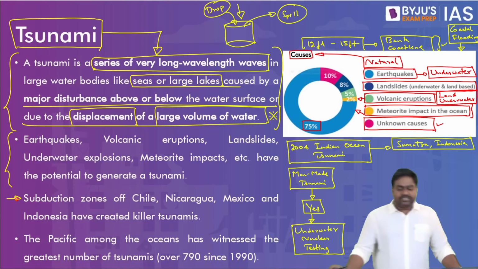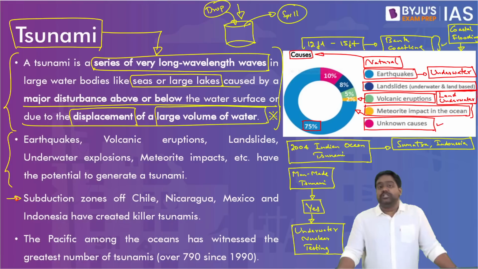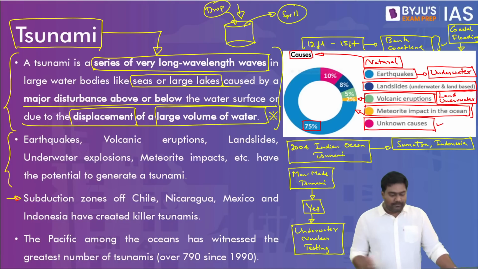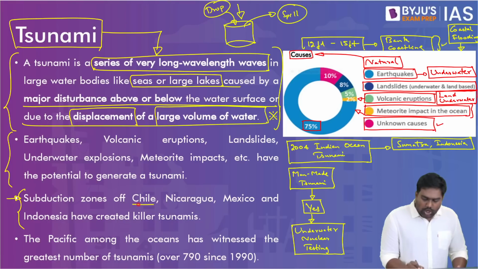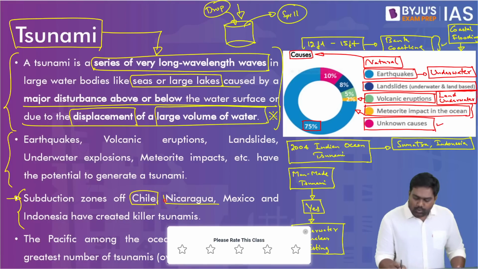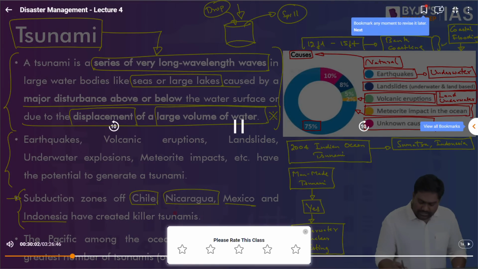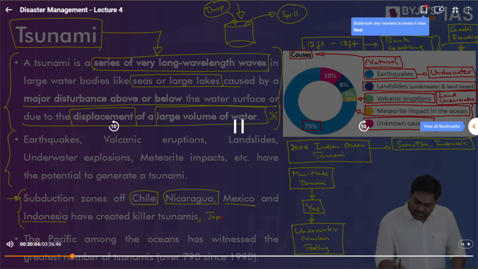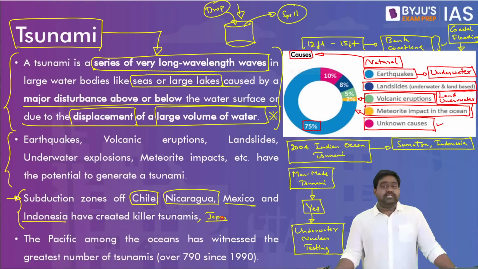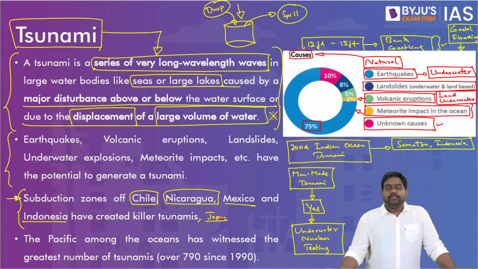Now, which regions in the world experience the most number of tsunamis? Which are the most vulnerable? Along the fault lines of Chile, Nicaragua, Mexico, Indonesia, as well as Japan. These are the most vulnerable. Certain locations along the Pacific Ring of Fire, where you have the most earthquakes and volcanoes present.